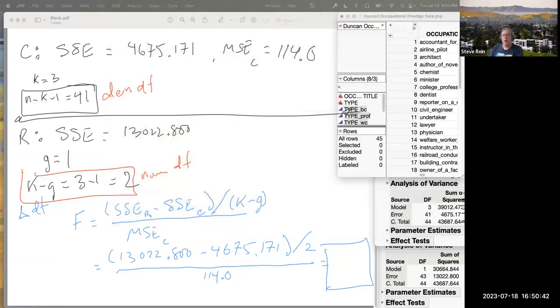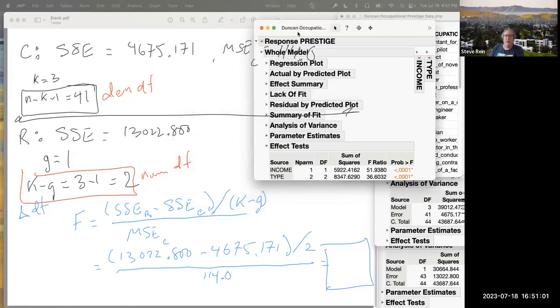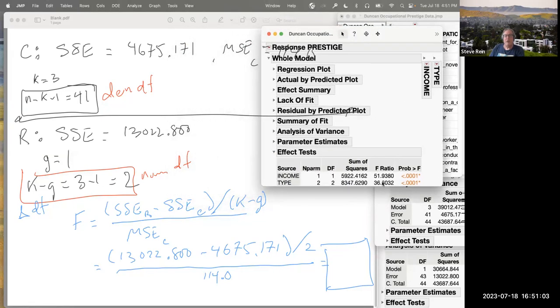If I were to run that analysis, we get a p-value for type within the effects test. And that is what I claim you should be getting as the ratio for your F right here. The claim is we should have an F ratio for type of 36.6-ish.